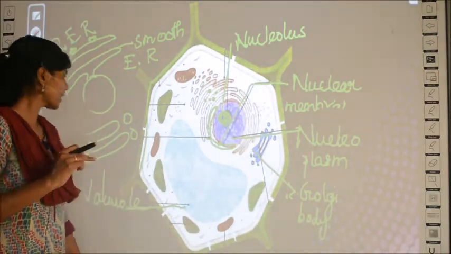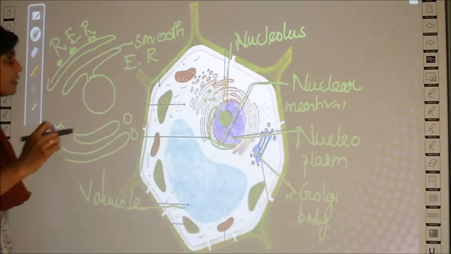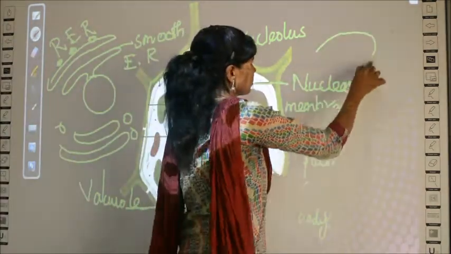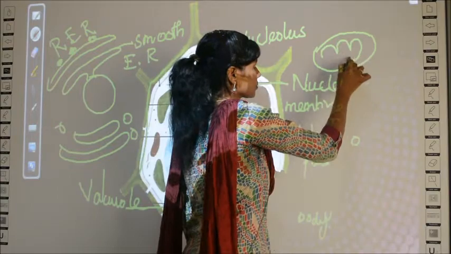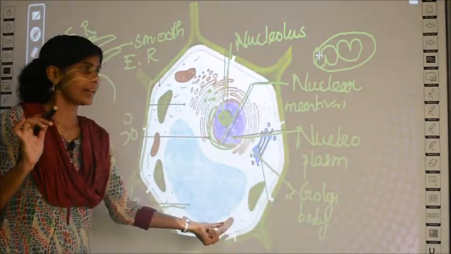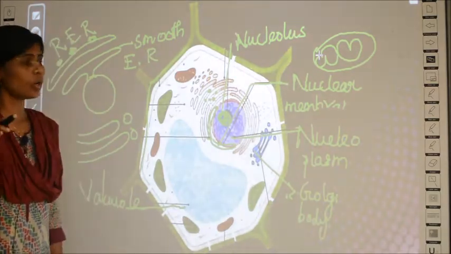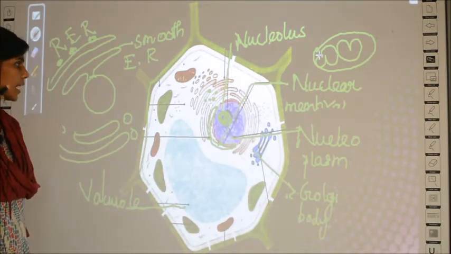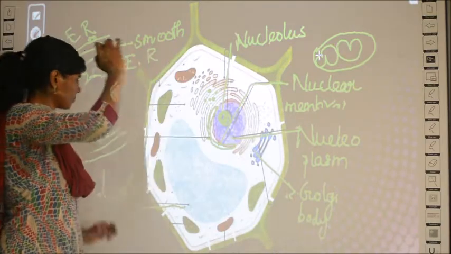Actually, the magnified image of this one will be like this. It will be this way, this structure, and this is called mitochondria.